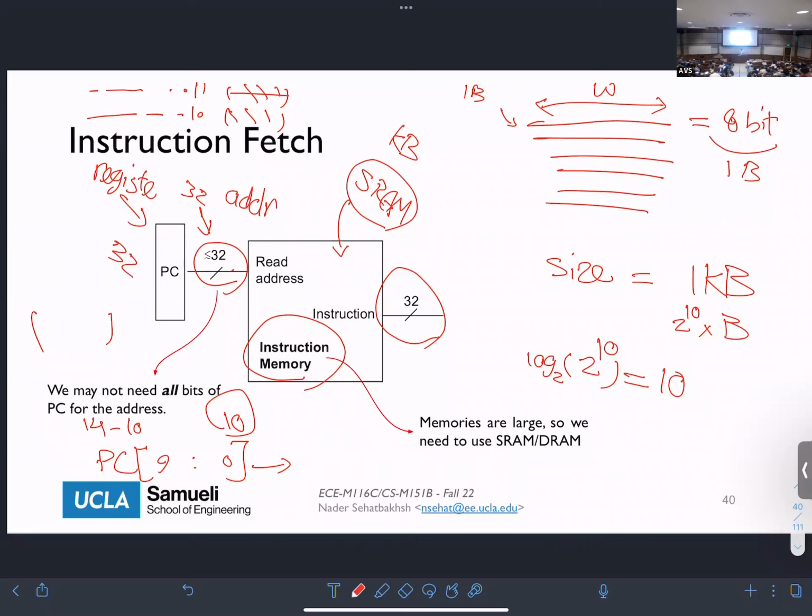For that, you divide 2 to the power of 10 lines by 4 to get the number of instructions we can store in this memory, because every instruction is 4 bytes. Each group of 4 lines is 1 instruction, so dividing by 4 gives 2 to the power of 8, which is 256 instructions.